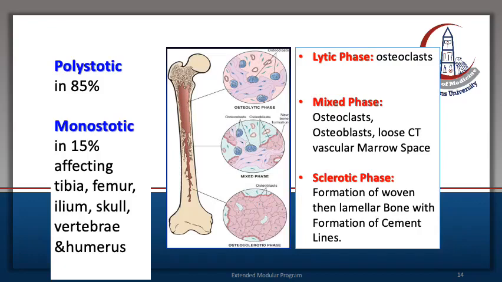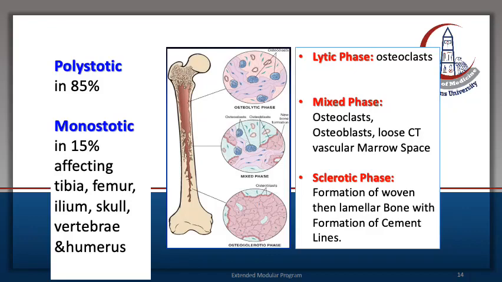As I said before, this disease may be polyostotic, present in more than one bone in the body. It occurs in 85% of cases. It may also be monostotic. It occurs in 15% of cases, affecting only the tibia, only the femur, only the ilium, and so on.